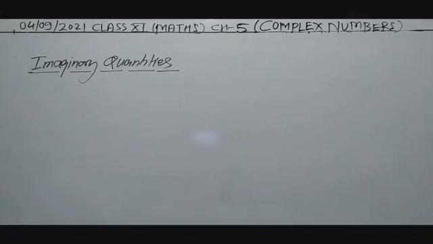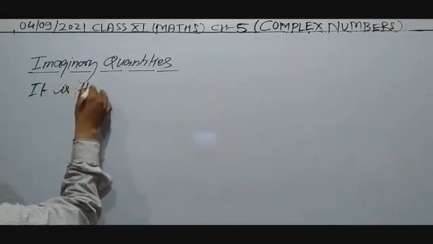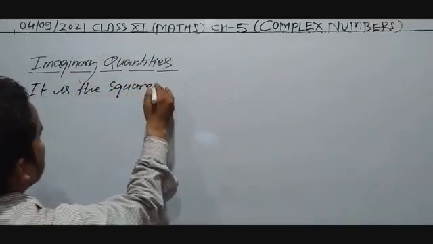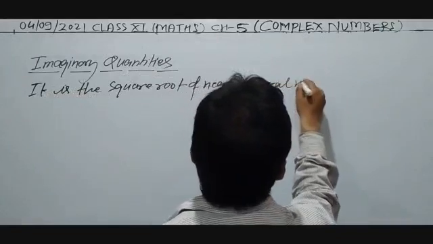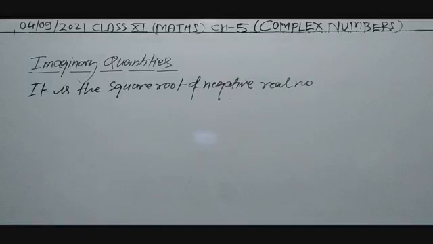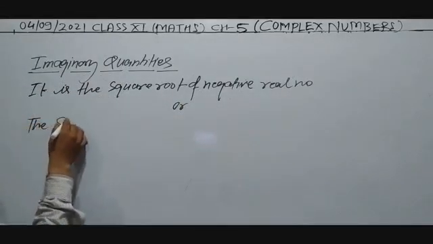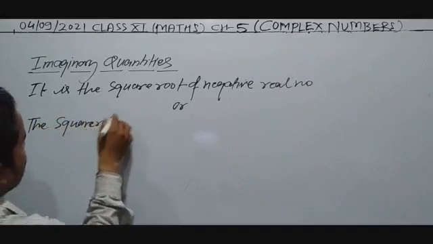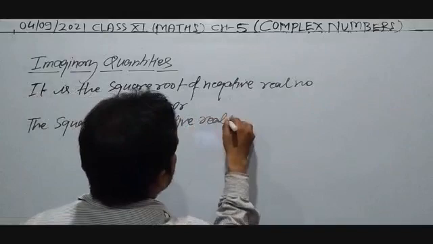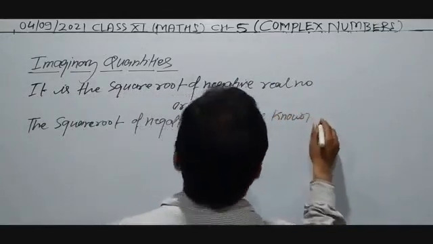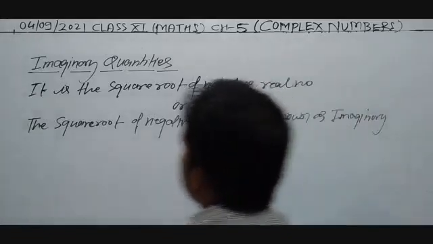See the definition. The square root of a negative real number, it is the square root of a negative real number, or in other words, the square root of a negative real number is known as imaginary quantity.